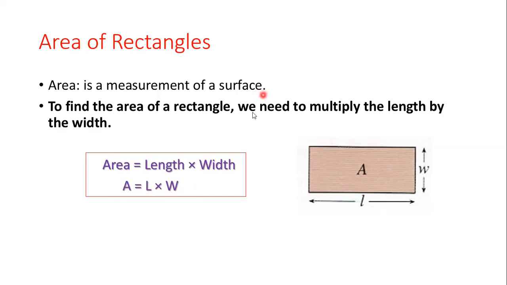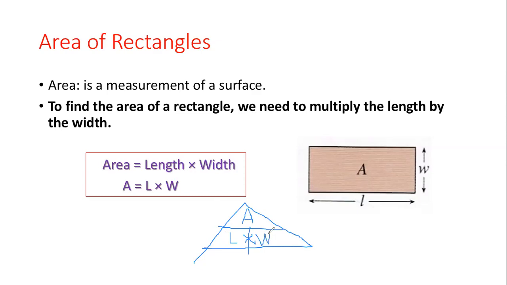So I said before, to make it easy for you, you can draw a rectangle about this law. In this rectangle, A will be up, and A equals length multiplied by width.